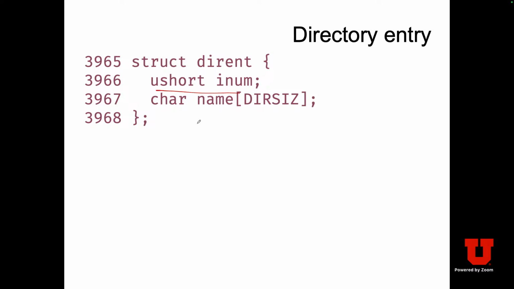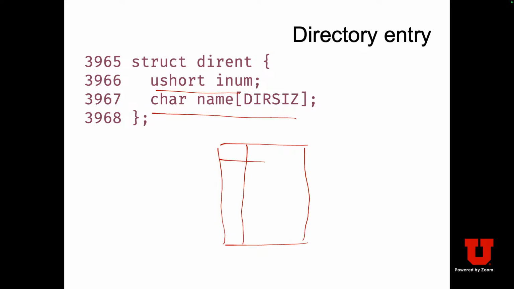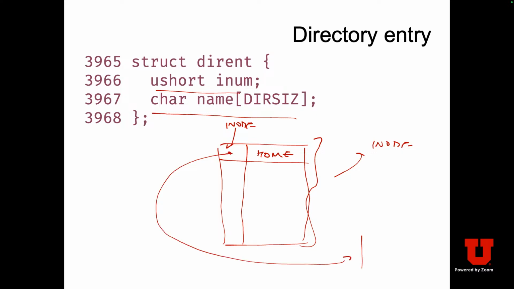You have an inode number and a name of a file or the next inode, right? So it's kind of like you store this table. This is the inode number, and this is a name, kind of like home, right? And a directory is just an inode, so it can be read, right? And it can be linked from here to the next level. And this is how you traverse from one directory to another because it's just inodes, right?